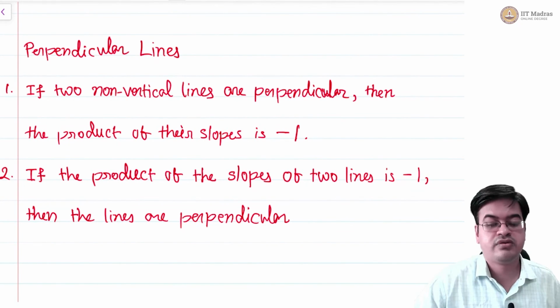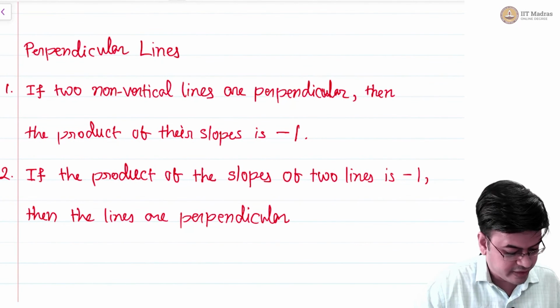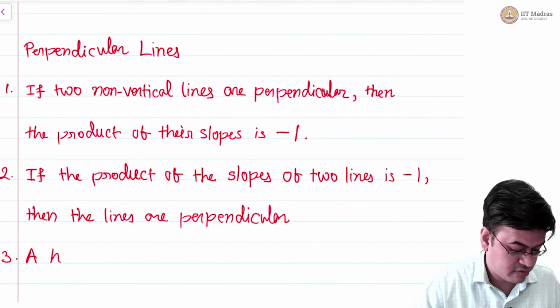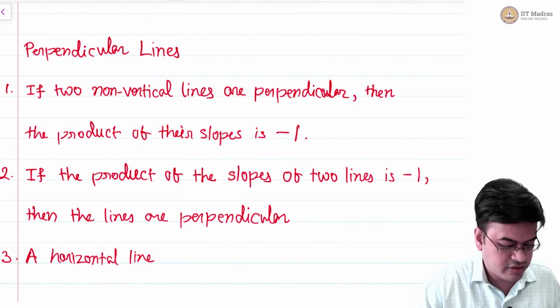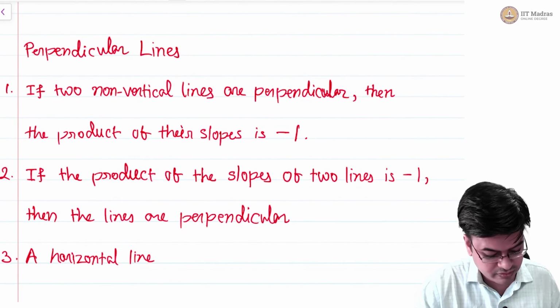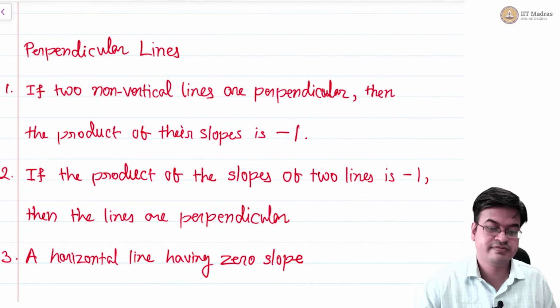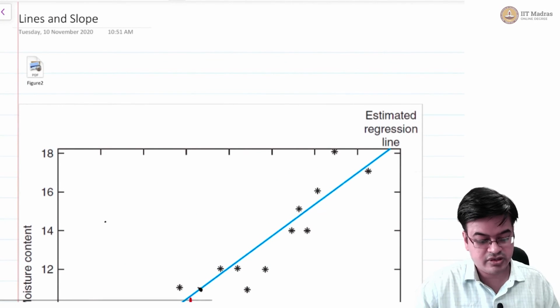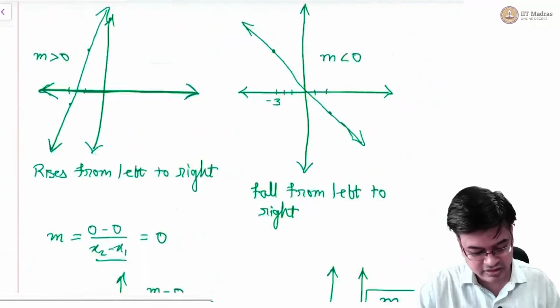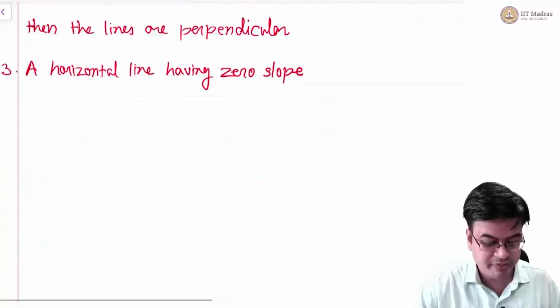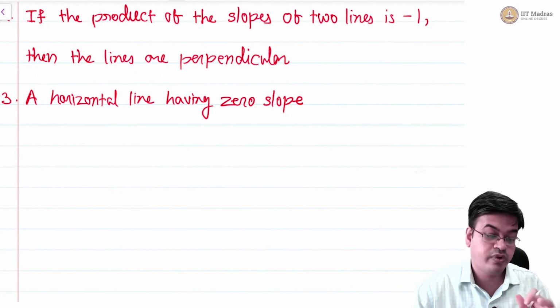Okay. Now you may have a problem with a vertical line now. So if a horizontal line is considered, the horizontal line will have zero slope, right? So you can treat this as x-axis, and a horizontal line having zero slope will be perpendicular to the vertical line.